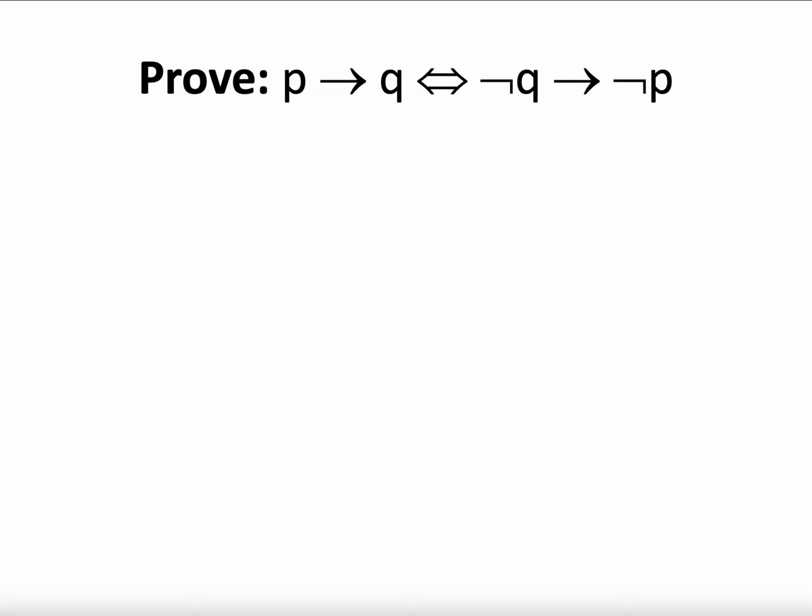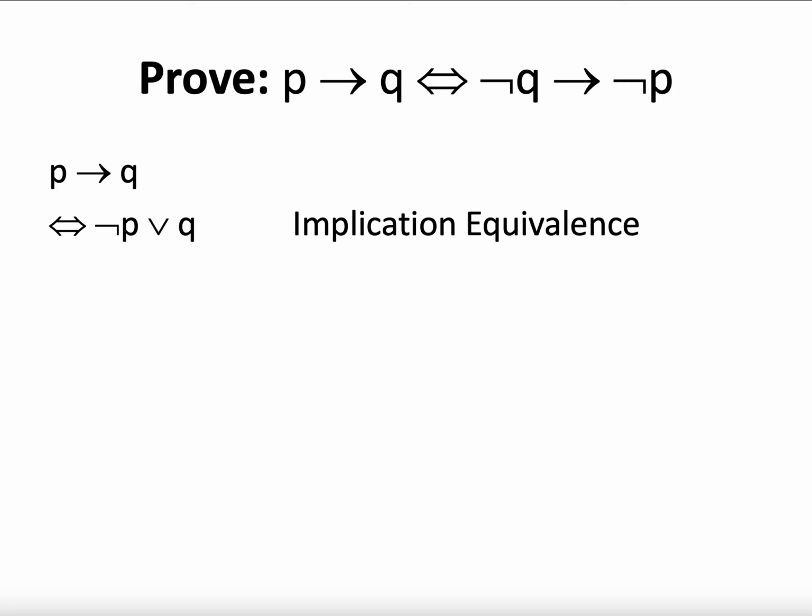Now if you want to prove P implies Q if and only if negative Q implies negative P. So for P implies Q, the logical implication equivalence is that you negate it, right?